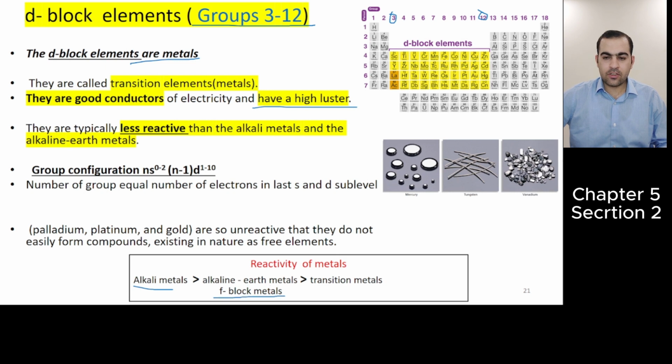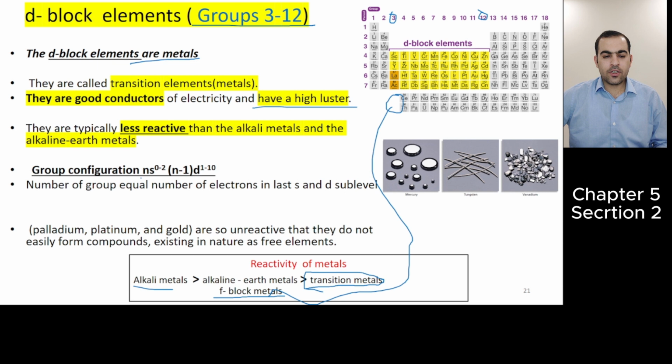The f block metals are lanthanides and actinides. Lanthanides and actinides are in the f block. They are all metals. We learned their reactivity is like alkaline earth metals. Then transition metals. The least reactive metals are the transition metals. Okay?